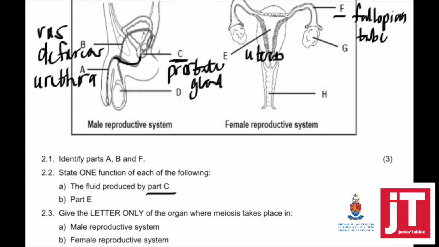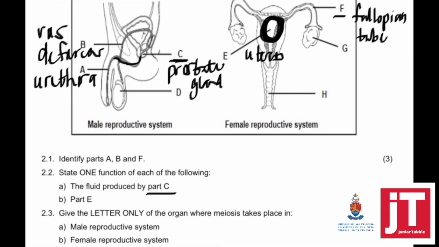There's many answers, but please do not ever say fertilized egg or ovum here. Rather use the word fetus, please. I remember marking this question, and if the learners wrote the incorrect words, they did not get their marks.